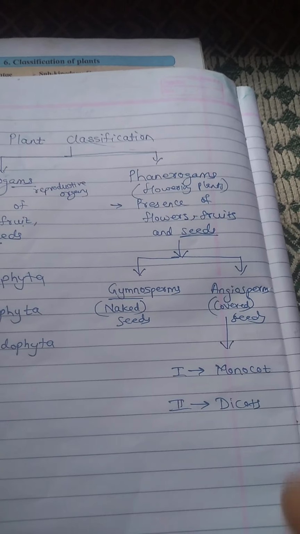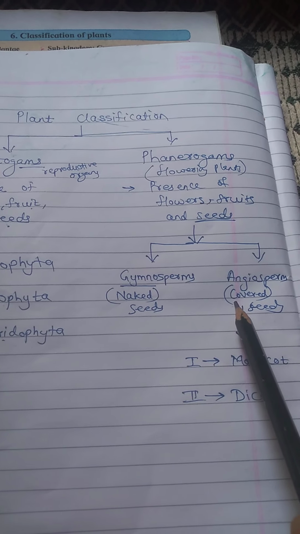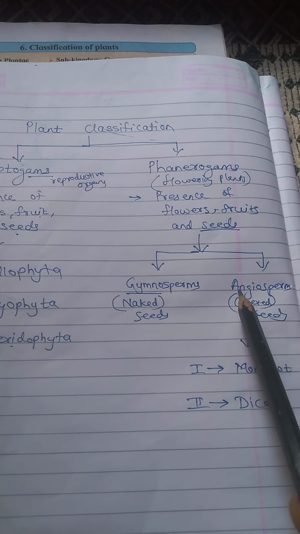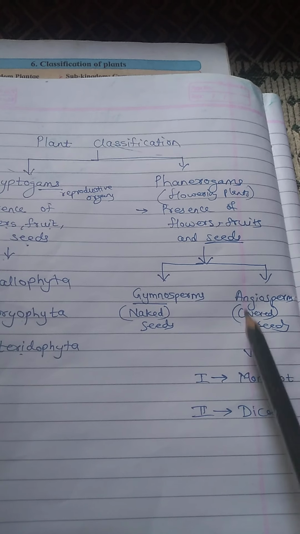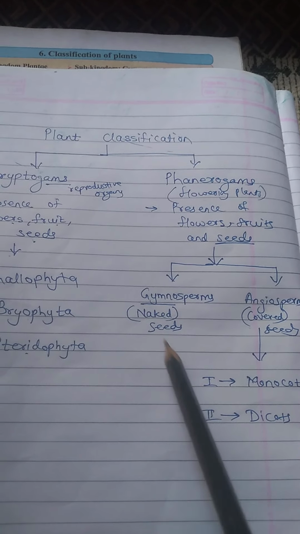Now if you see the rice grain, it is covered. Wheat grain, it is covered. So it will come in the angiosperms. Or even if you take maize or mango, the seeds are covered in the fruit, in a covering. So for gymnosperms, there is only one explanation.